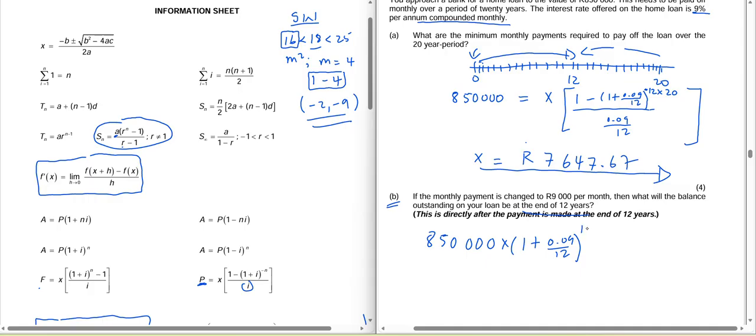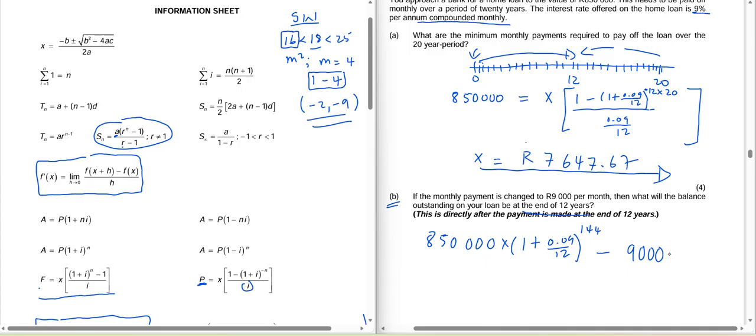So after 144 months, that is how much it would have increased to. And then we subtract how much we would have paid. We are fixing it at 9,000, so that is how much you are paying. So we are taking this 850,000 to the future at time 12. And then how much would this 9,000 installment be worth in 12 years' time? Because that's how much we are paying.